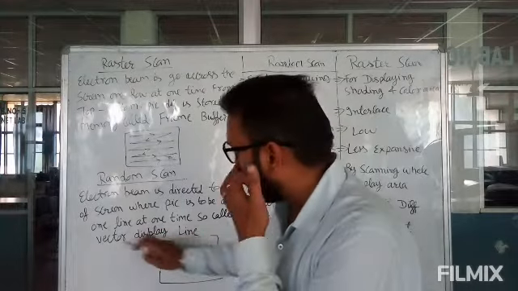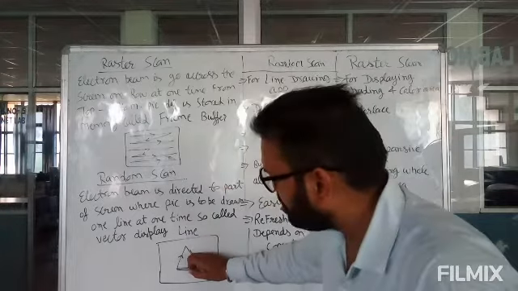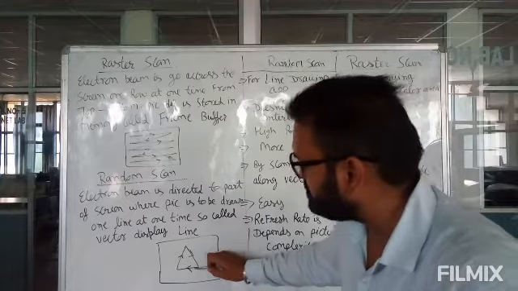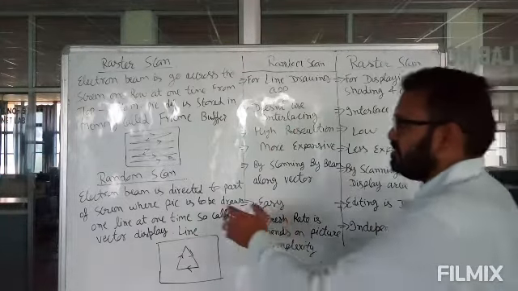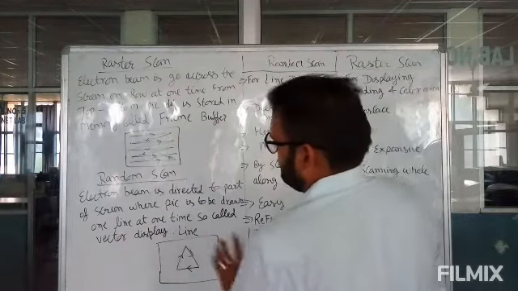It draws only one line at a time. Suppose firstly it draws this line, then this line, and then this line. Random scan is also called vector display.